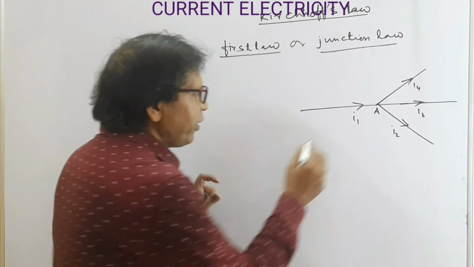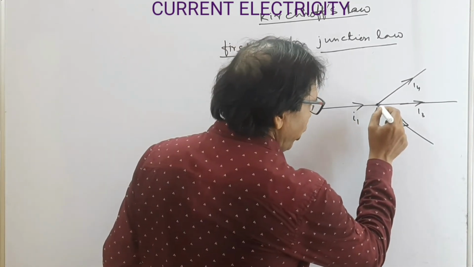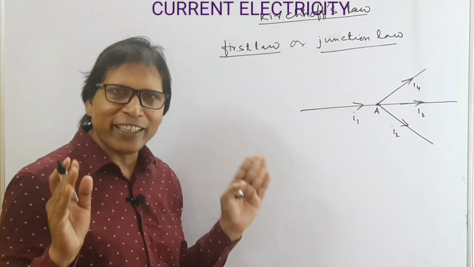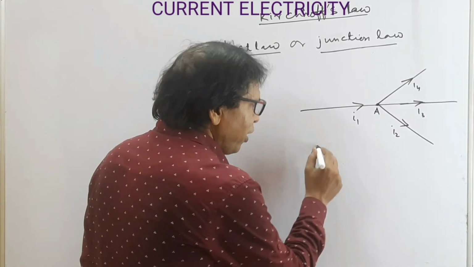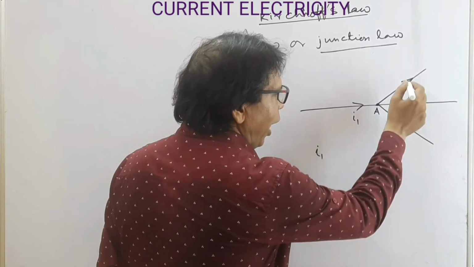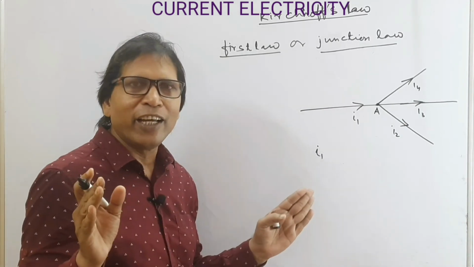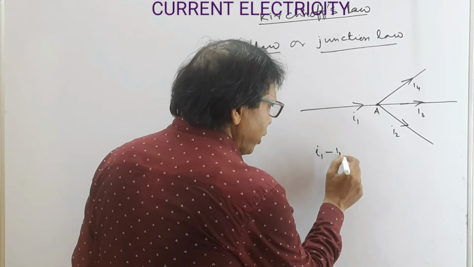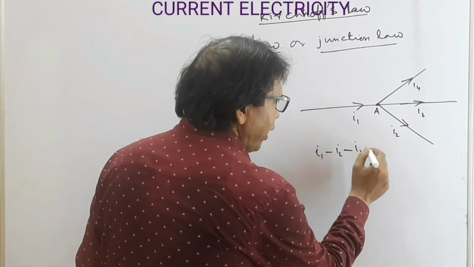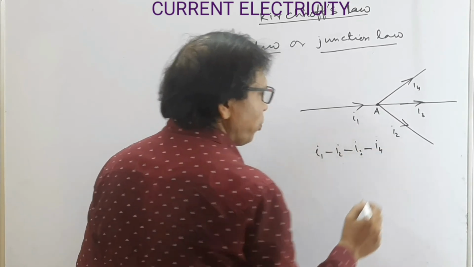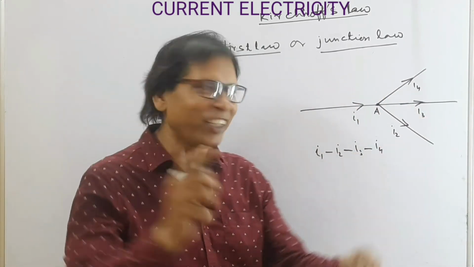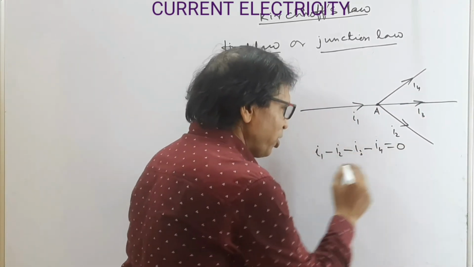Now look at this, this is a meeting point of the currents. I1 is the incoming current, so it is taken as positive. I2, I3 and I4 are the outgoing currents, so they are taken as negative. So this is minus I2, minus I3, minus I4. So the sum of these four currents becomes 0.